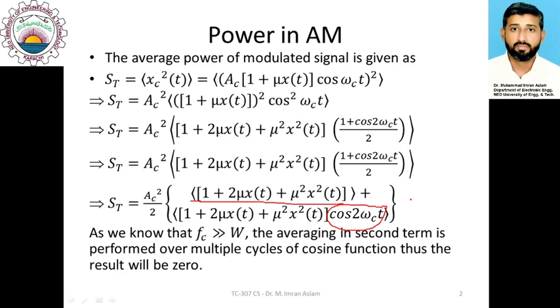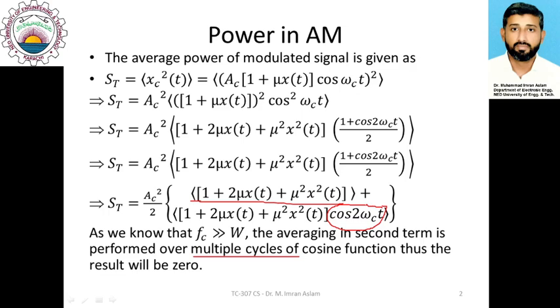For this case, you can see that we have cos 2 omega c t, which is a very high frequency term. So if we have very high frequency, that means we will be averaging over a number of cycles. So no matter, because integration over a single cycle becomes equal to 0, therefore integration over a number of cycles would also become 0.